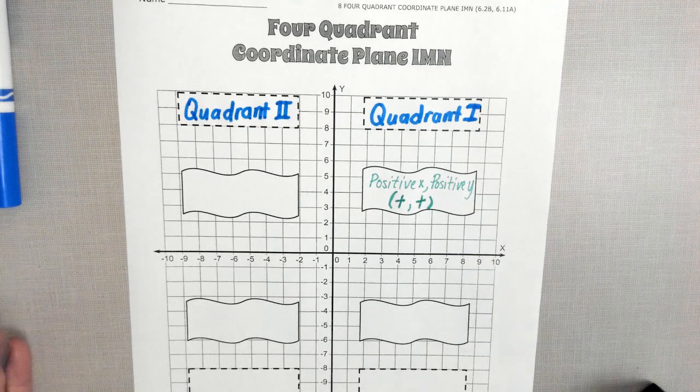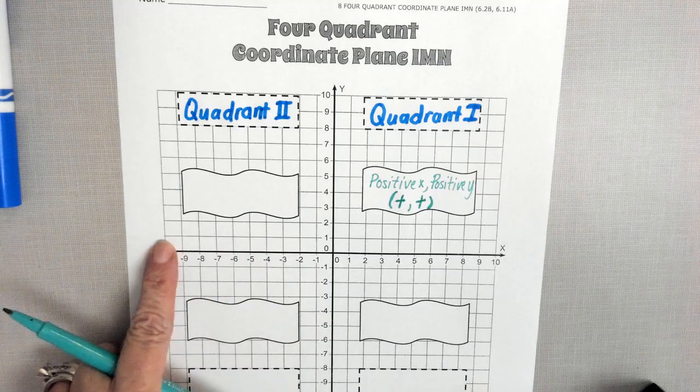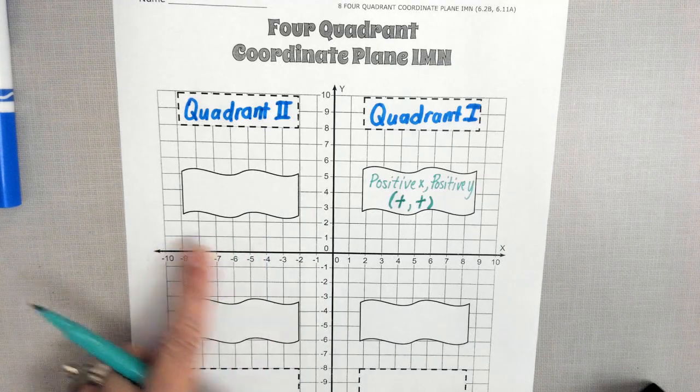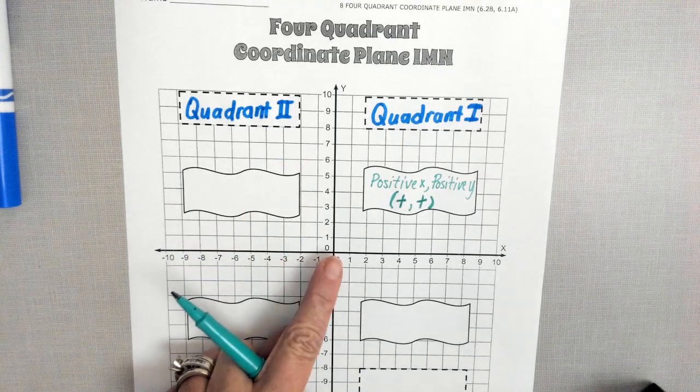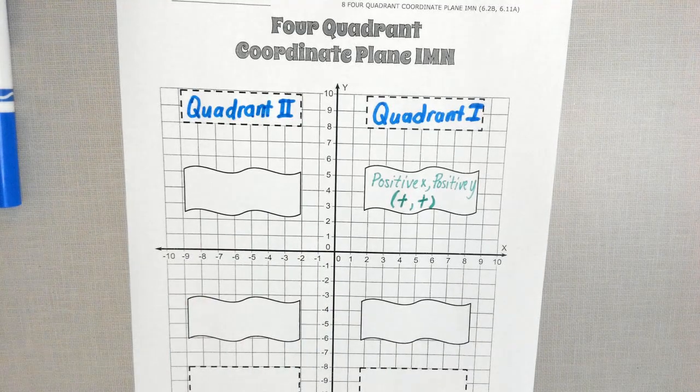Now, when we think about quadrant 2, we have our x value still coming first, and then our y value. But what kind of values are associated with our x value? Yes, negative numbers.